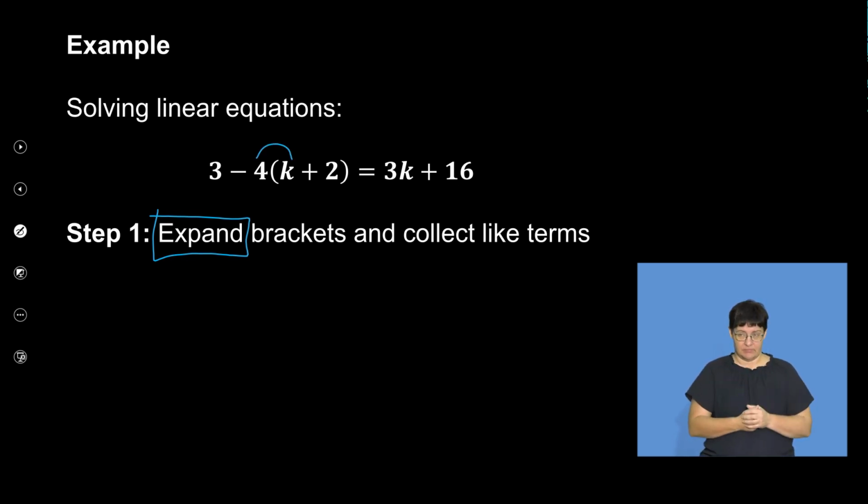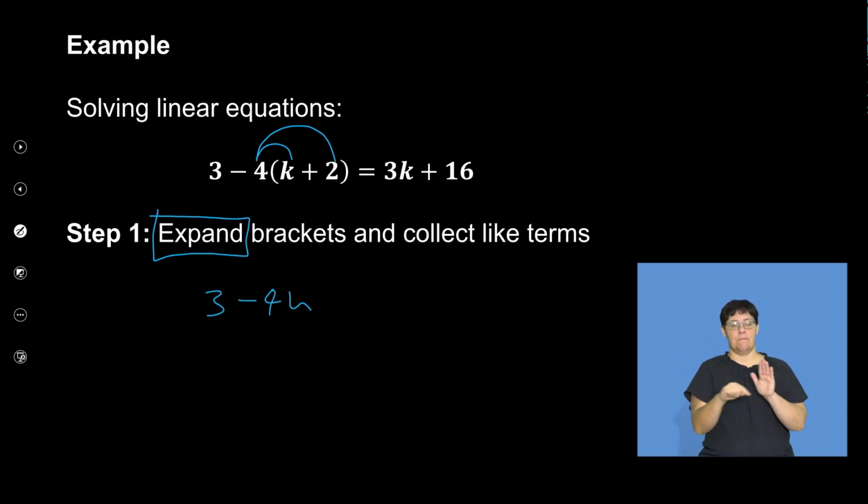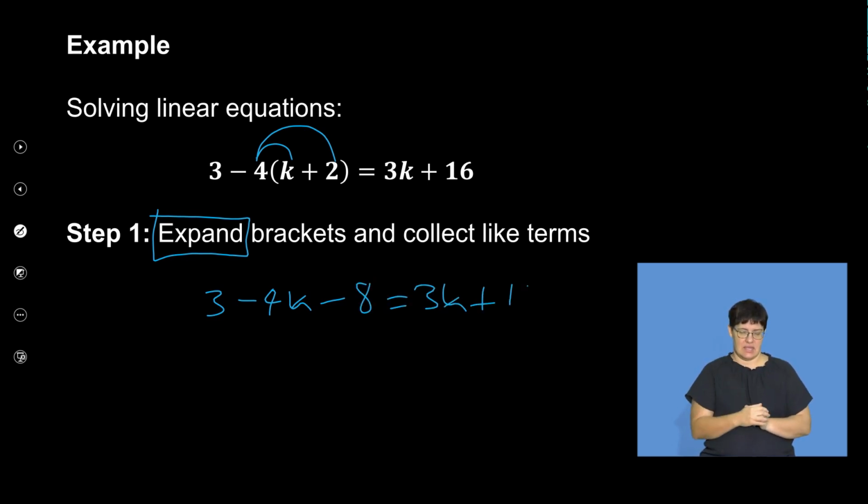So minus 4 multiplied by k, minus 4 multiplied by 2, and then the right-hand side will remain. So this will give me 3 minus 4k minus 8 equal to 3k plus 16.